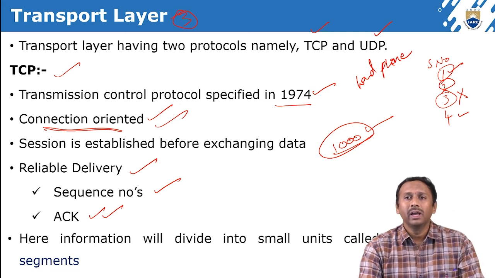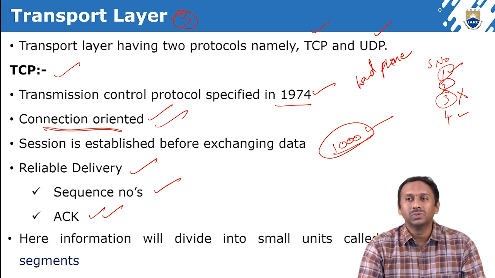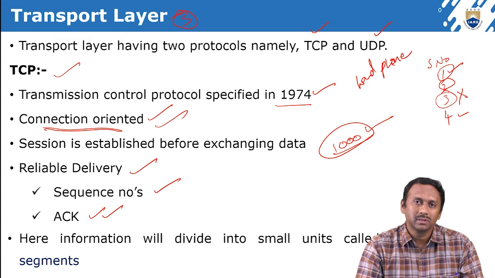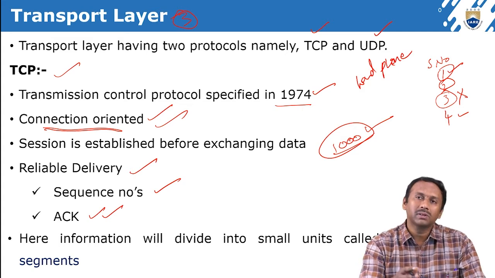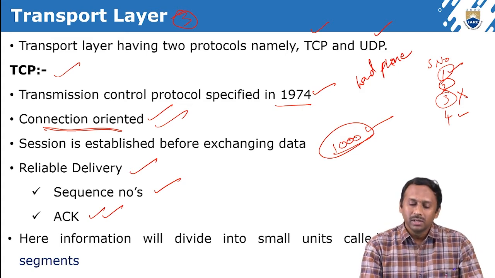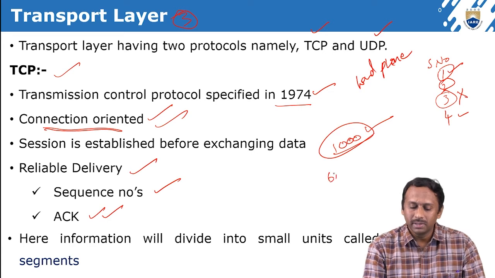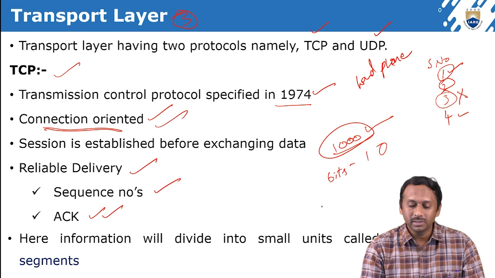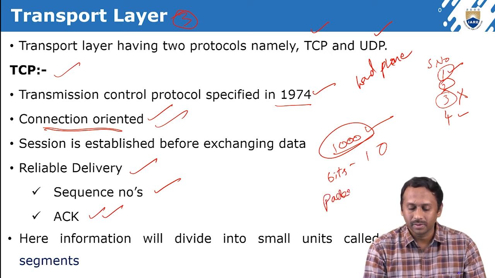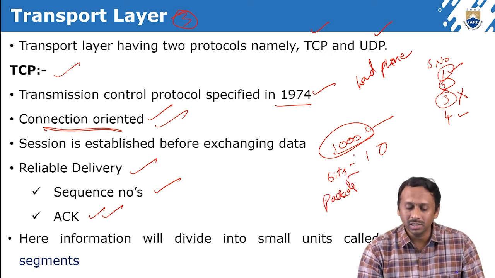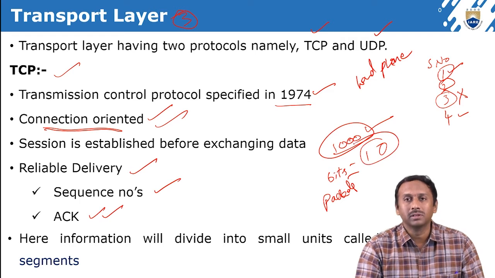Here, information is divided into small units called segments. In this particular transport layer, as I said earlier, data is in the form of bits, which are nothing but ones and zeros. Packets are nothing but groups of bits.